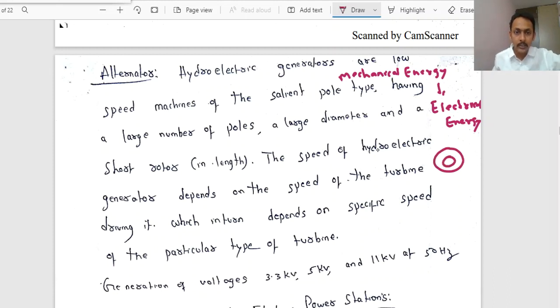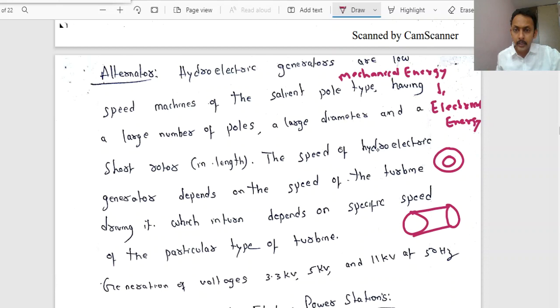In this context, it is going to be a salient pole type machine, with a large number of poles, large diameter and short rotor length. The speed of this rotor will depend upon the speed of the turbine, because the turbine shaft is coupled to the shaft of the rotor.